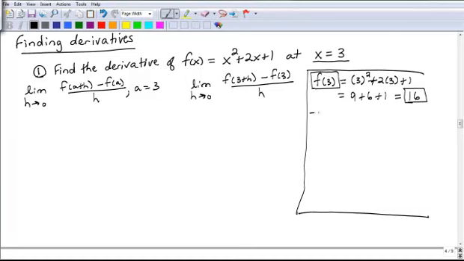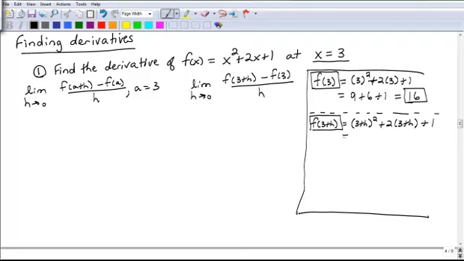Well, I also have to figure out f of 3 plus h. Well, that's 3 plus h squared plus 2 times 3 plus h plus 1. Notice all my x's got replaced with 3 plus h's.